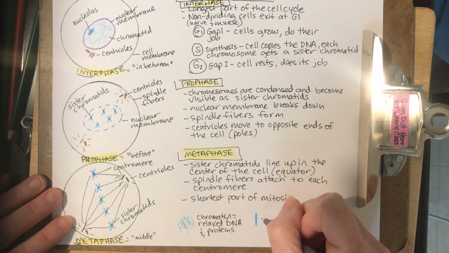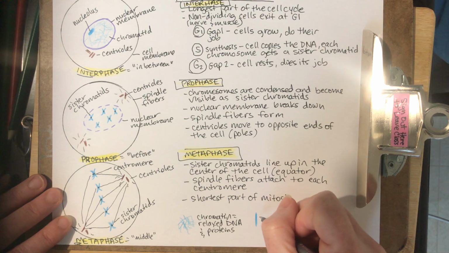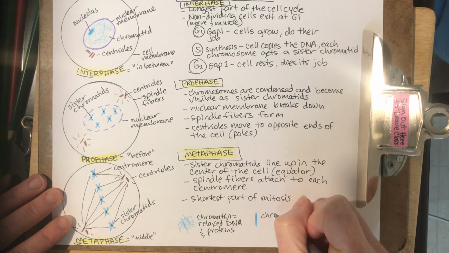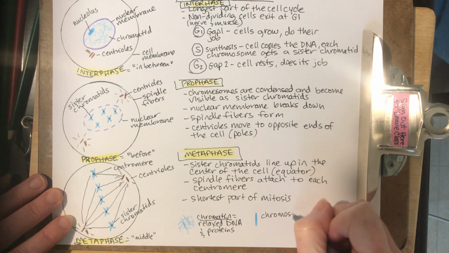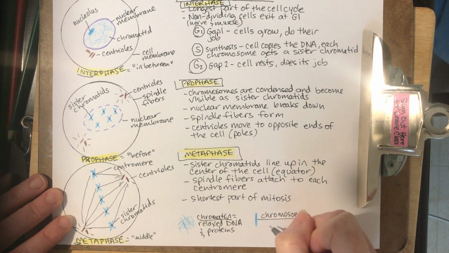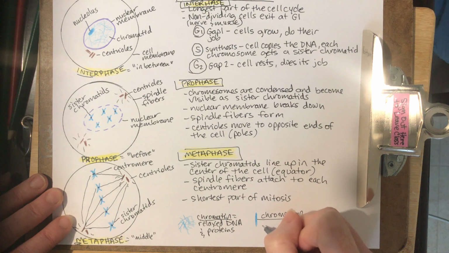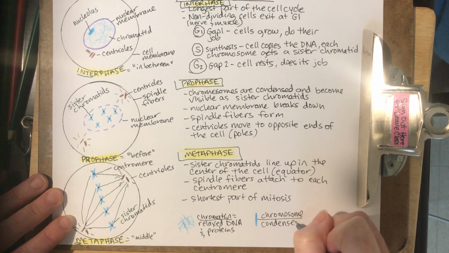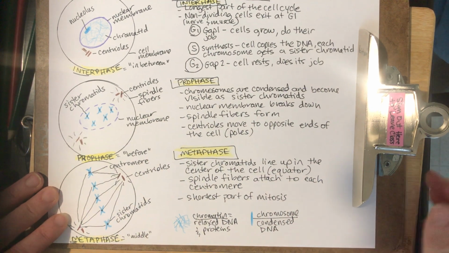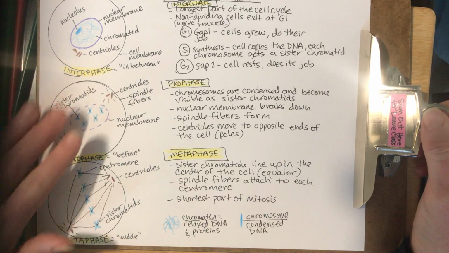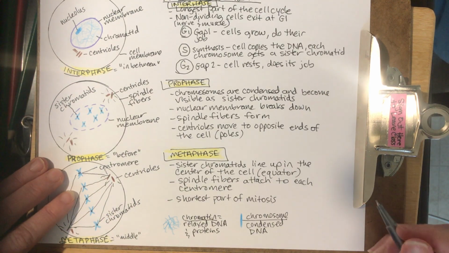The DNA forms into what we call a chromosome. So this was chromatin, this is chromosome, which is condensed DNA. And it kind of looks like a stick. Okay? And again, we'll learn a lot more about chromosomes in our DNA unit and our genetics unit.